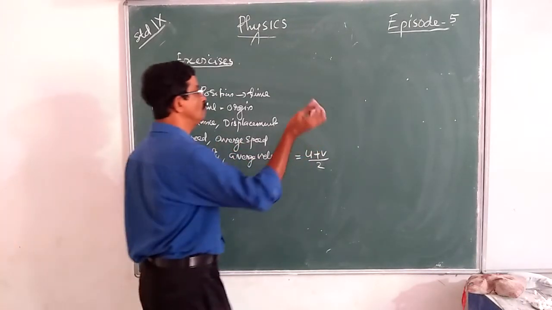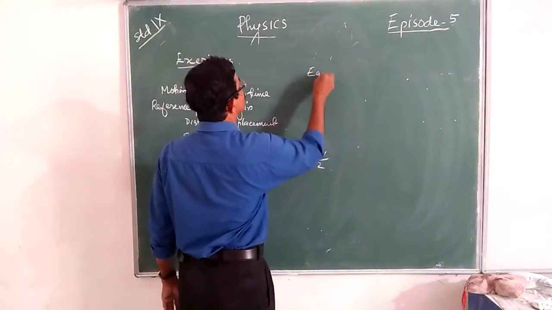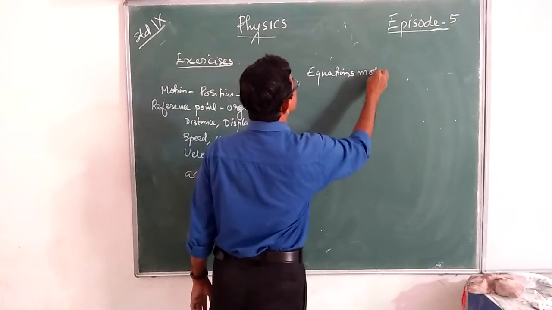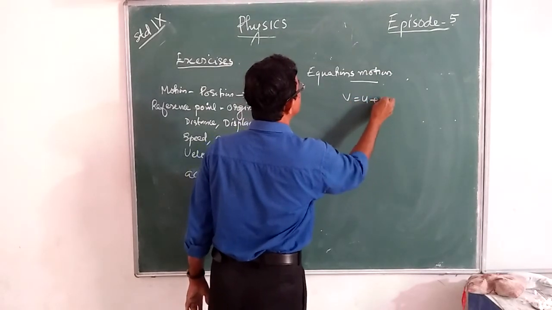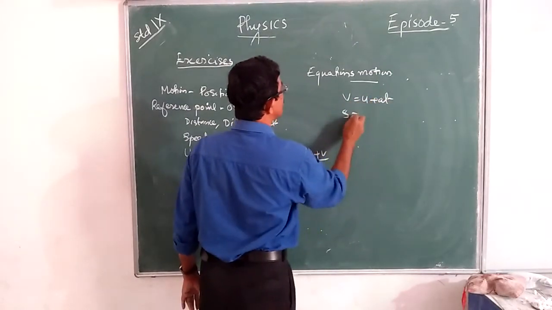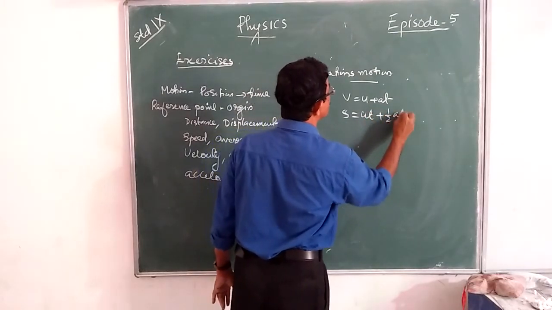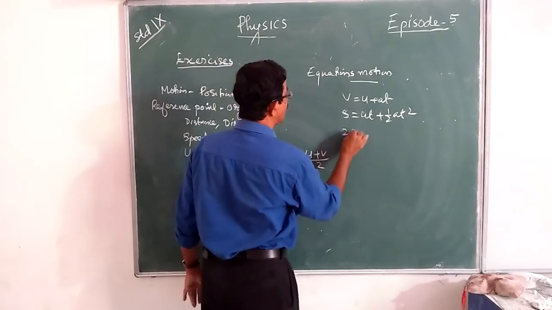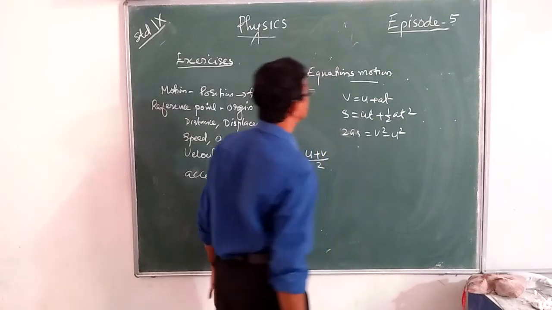Then we went through the equations of motion, such as V equal to U plus AT, S equal to UT plus half AT square, then 2AS equal to V square minus U square.